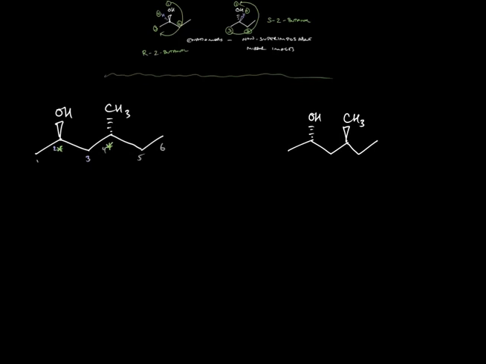So this would be a 4-methyl-1-hexanol. But we can't just put R or S out in front because we have 2 chiral carbons. So we would need to figure them out. We already did the one on the left already. It turns out to be exactly the same. That spot right there is R.